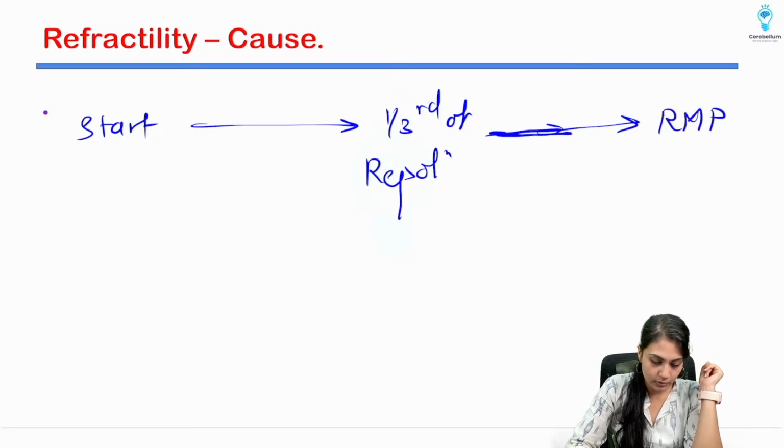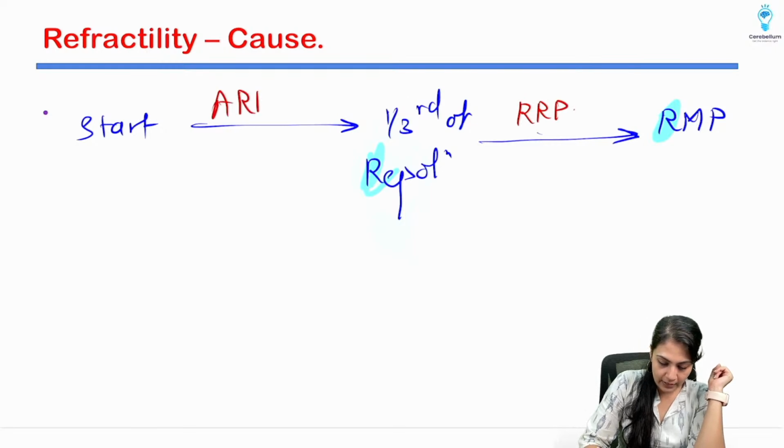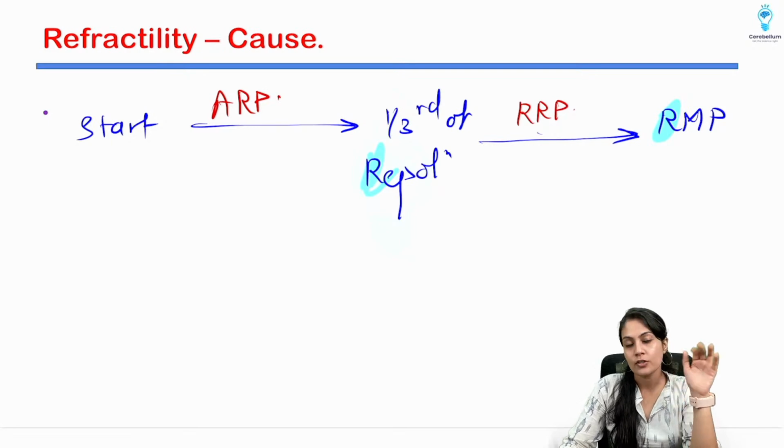What I told you, that R to R is going to be RRP, right? R to R is going to be RRP, and the absolute refractory period is going to be from the start to 1/3 of repolarization.